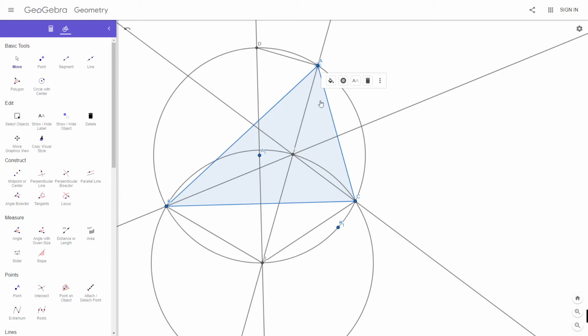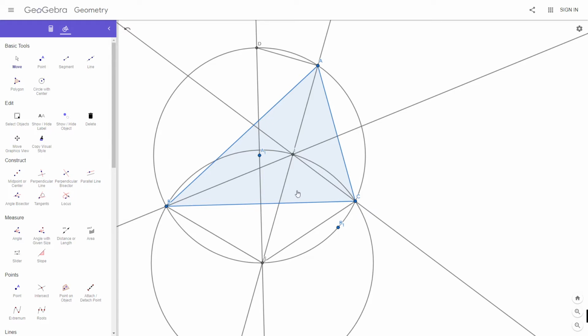And notice that IAC is half of angle at A and ICA is half of angle at C, which means that SIC is equal to half of the angle of A plus the angle of C, which is half of 180 degrees minus the angle at B, which is 90 degrees minus half of this angle, which is IBC.